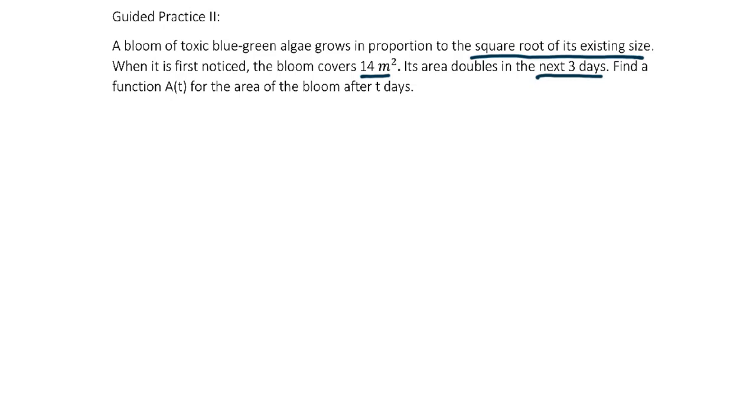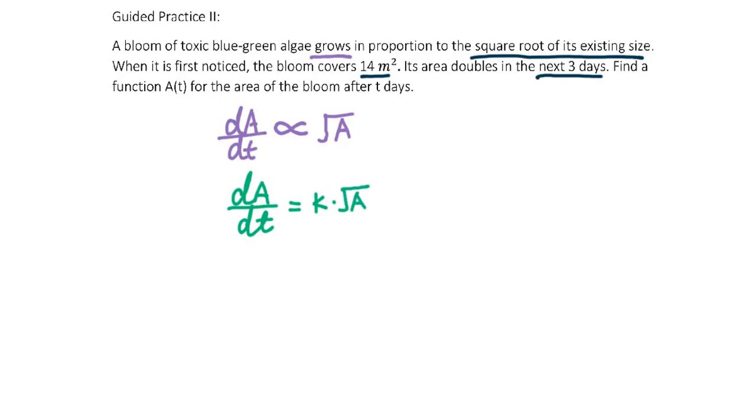According to the given information, the growth rate of algae is dA by dt. It's proportional to the square root of existing size, so square root of A. Therefore, dA by dt equals k times square root of A. Since this is growing, k is greater than 0.